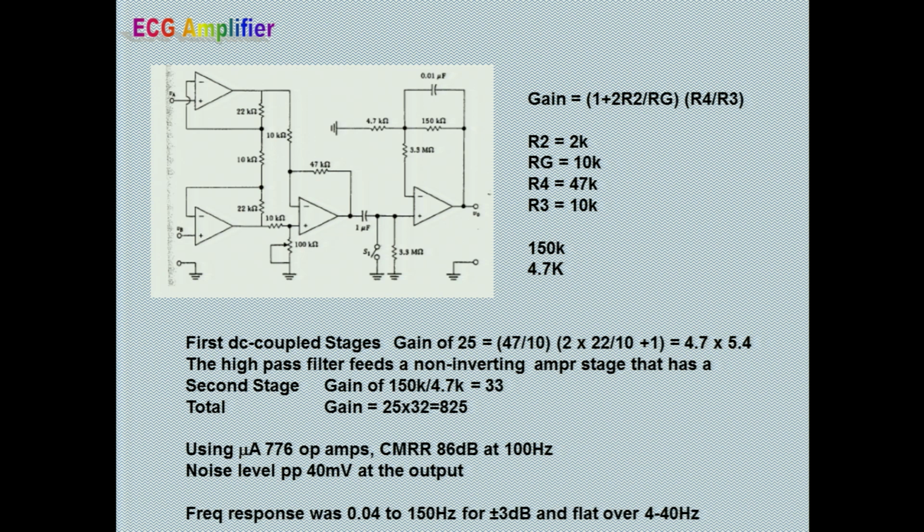The only variable you will have is these two values. Everything else should be similar. Keep 1 microfarad and 0.01 microfarad. Just vary the resistances.